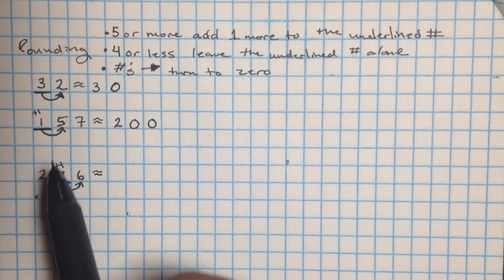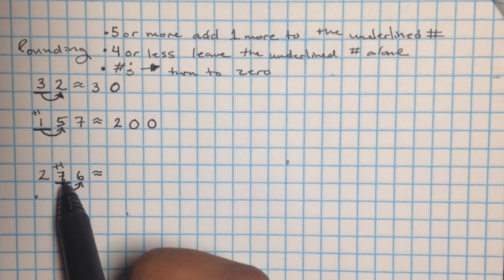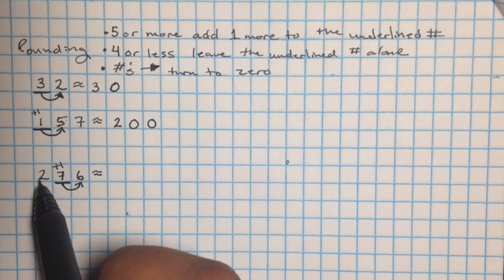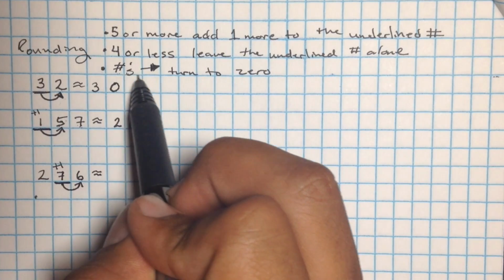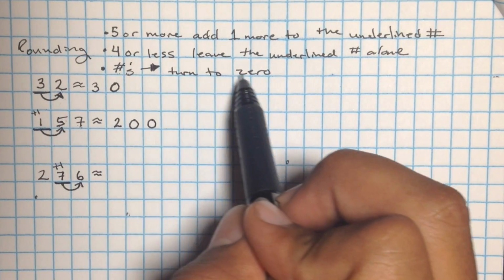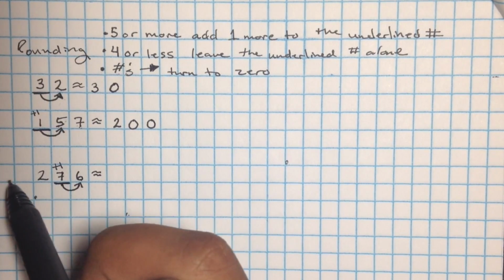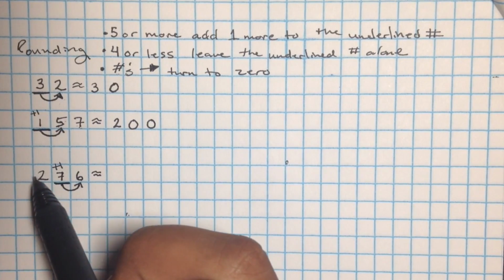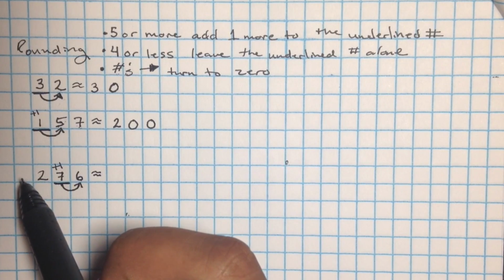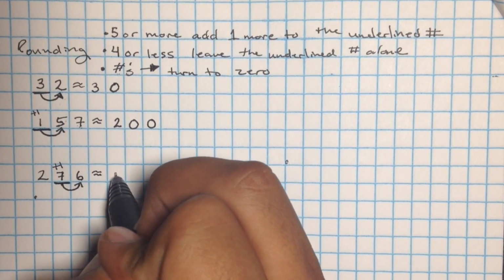Now, I know I need to add one more to the 7. That's going to be an 8, but what do I do with this 2? Well, it says here all the numbers to the right turn to 0. Well, this one's on the left. So all these numbers over here stay exactly what they are. So this one stays a 2.